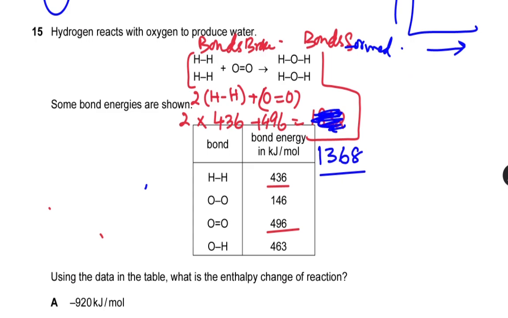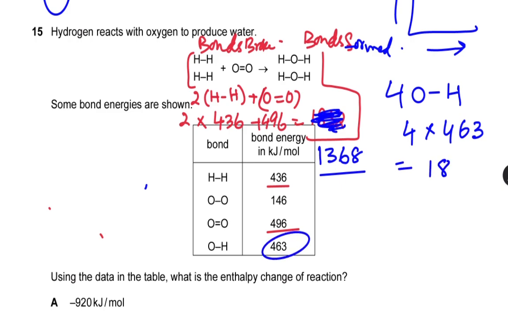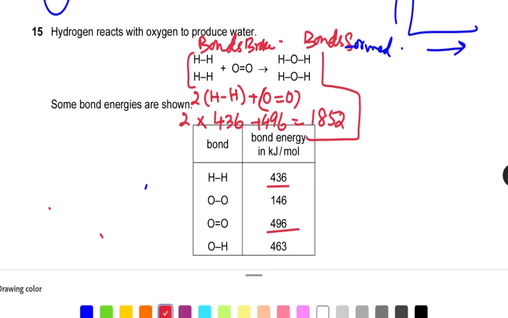When bonds are formed, 4 O-H bonds are formed. 4 multiplied by 463 and the answer will be 1852. These are the energy absorbed in bonds broken and energy released in bond formation. Now we will put the values here.